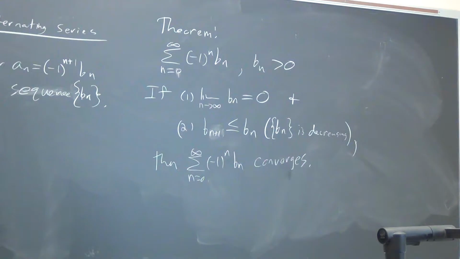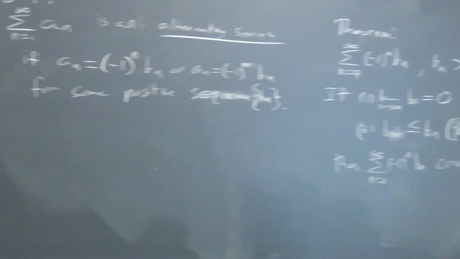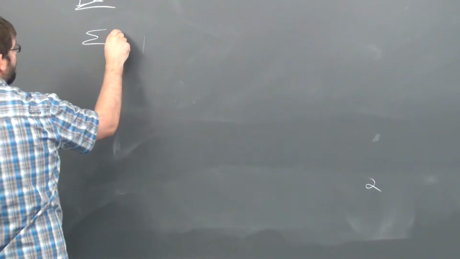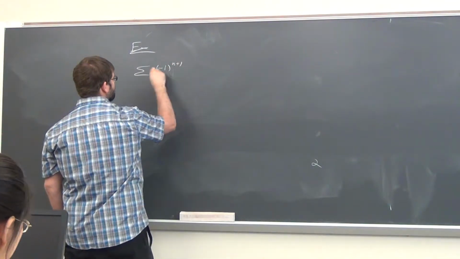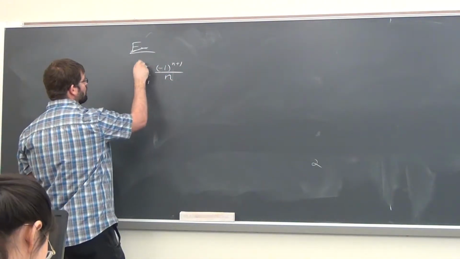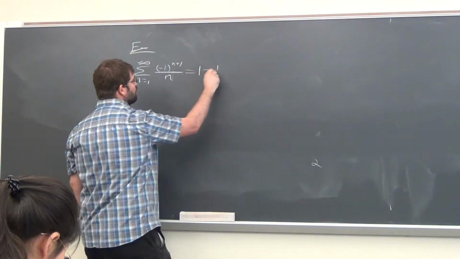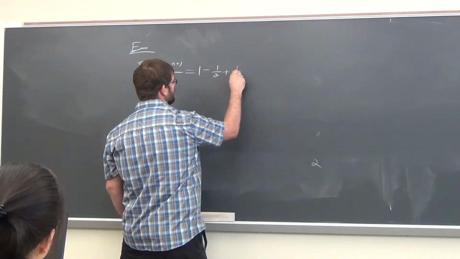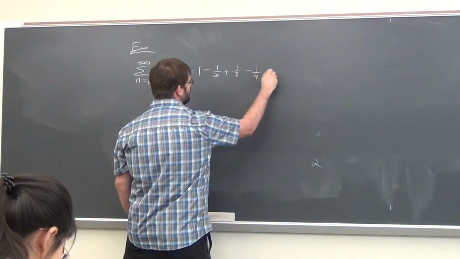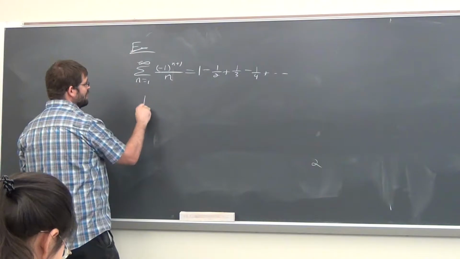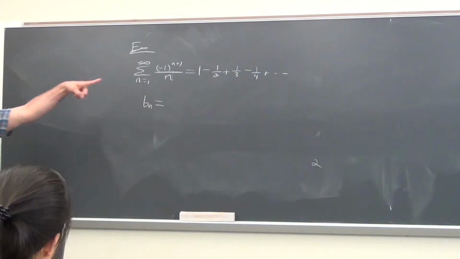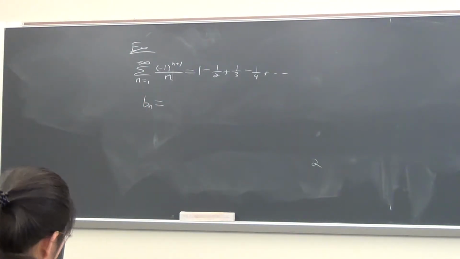And so let's just apply it to this alternating series, or alternating harmonic series. So let me just write it out here. Okay, so in this case, what's your b sub n to apply this theorem?